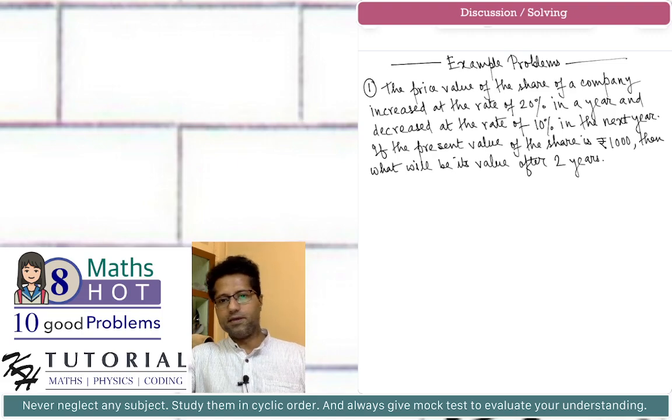So here the quantity is the value of a share, that is the price value of a share of a company, whose behavior is that it is increasing at the rate of 20% per annum in the first year, and in the next year, it is decreasing at the rate of 10%. So if the present value of the share is rupees 1000, then what will be its value after 2 years?